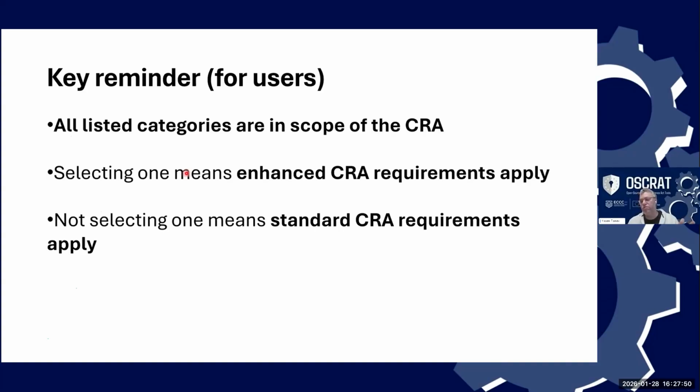Or you can use it in a way that is going to help you. We are sharing it as open source and it's going to be available soon. It's not a static product. It's going to be better and better with time. And the more you use it, the more we communicate, the better it's going to be. All listed categories are in the CRA, on question number 17.